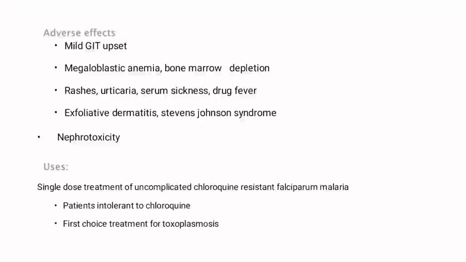Adverse effects like mild GIT upset, megaloblastic anemia, bone marrow depletion. Others are urticaria, serum sickness, drug fever, exfoliative dermatitis, and Stevens-Johnson syndrome. It is quite difficult with patients, but rarely it is seen that after taking the drug, some patients develop the symptoms of Stevens-Johnson syndrome.